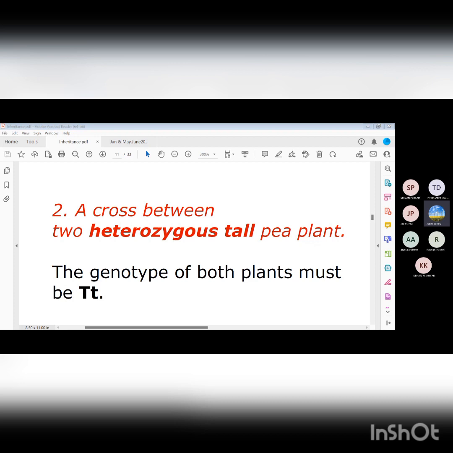So if you have capital T, small t, multiplied by capital T, small t, you're going to get a 1:2:1 ratio. So let's verify this. Big T by big T, you get big T, big T. Big T by small t, you see it happening twice. This is correct. And then the last one, you have small t by small t, 2 small t's.